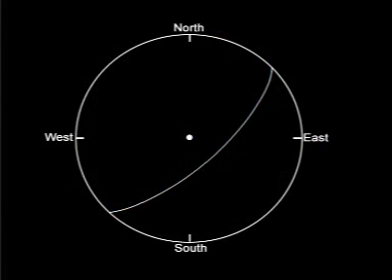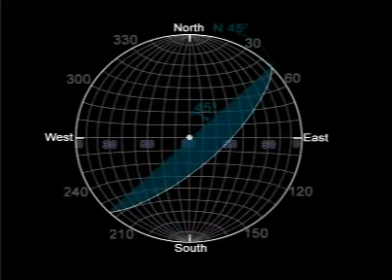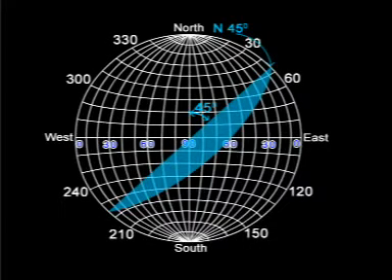So, this plane is now showing a plane having north 45-degree strike and a 60-degree dip. These planes, they are representative of the fault planes in earthquake source.